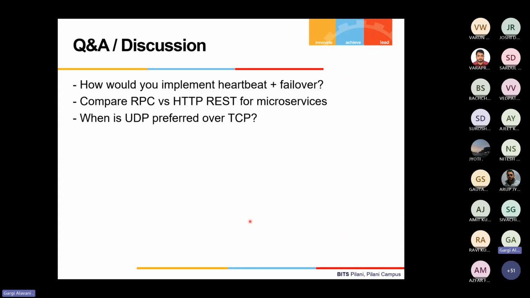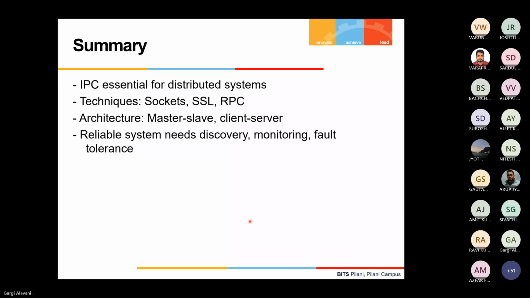Yes. So, in summary, we have learned about interprocess communication. We have seen the different techniques, sockets, and how we can introduce security with SSL. We can use it both with sockets as well as RPC.